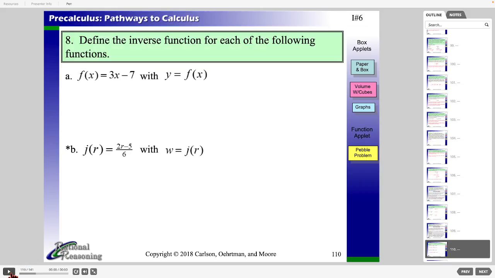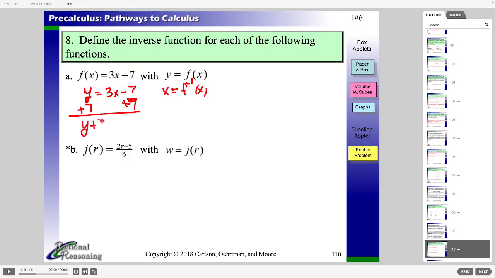Okay? There we go. So if we want to define a function, this is going to be x equals f inverse of x. We're going to have to solve this, thinking of it as y equals 3x minus 7. We're going to add 7 to both sides.